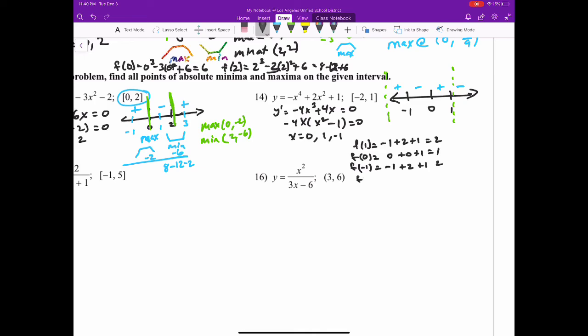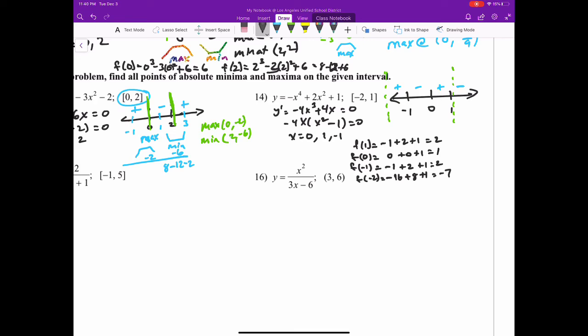And f at negative 2, it's going to be negative 2 times 2 times 2 times 2 is 16, and 2 times 2 is 4, so negative 16 plus 8 plus 1. That gives me negative 9, negative 7.